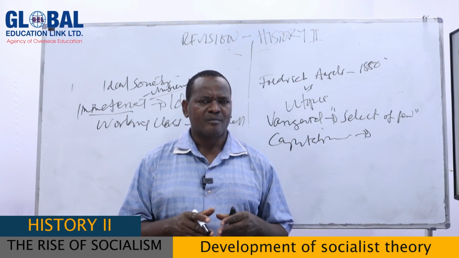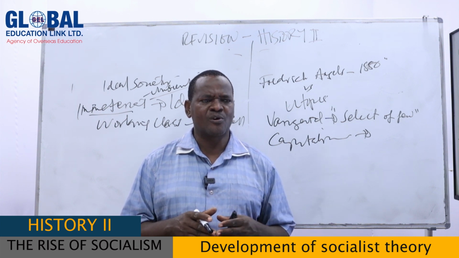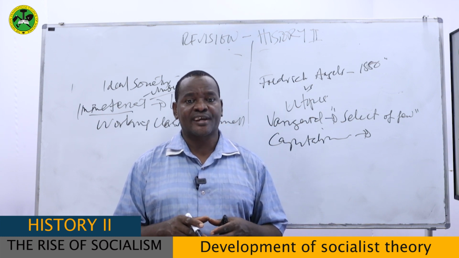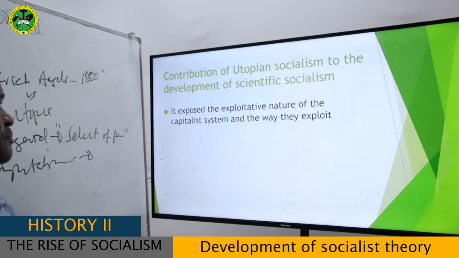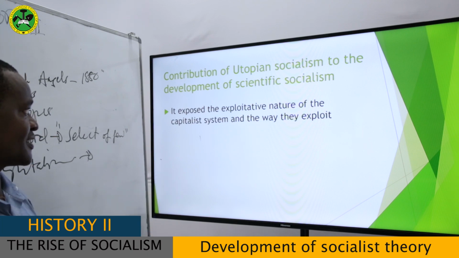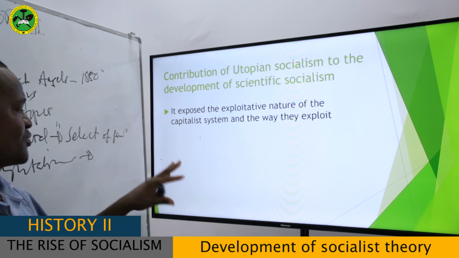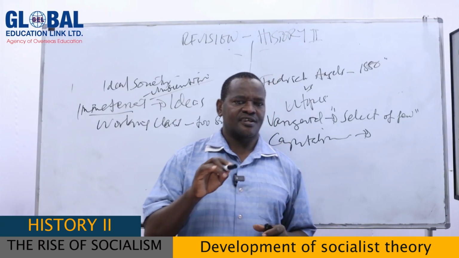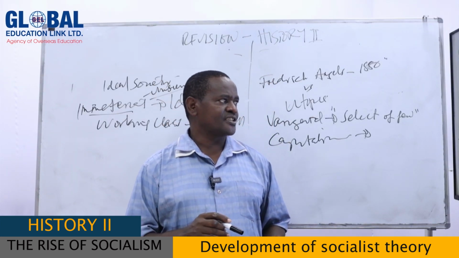Very few people owning a lot of wealth, while other people own nothing. All those things were already exposed by the utopian socialists. And so when the scientific socialists came, it was easy for them to identify those areas in which the capitalist system was exploiting the poor.